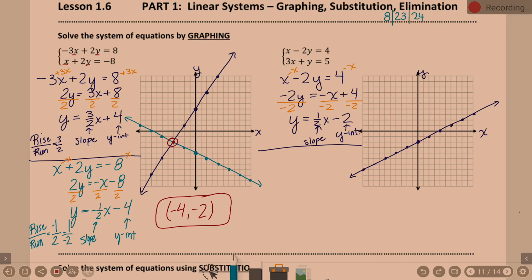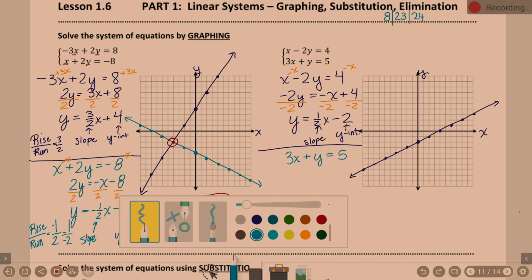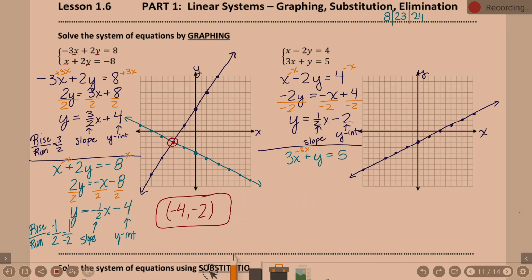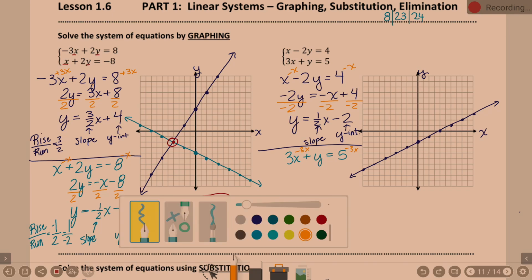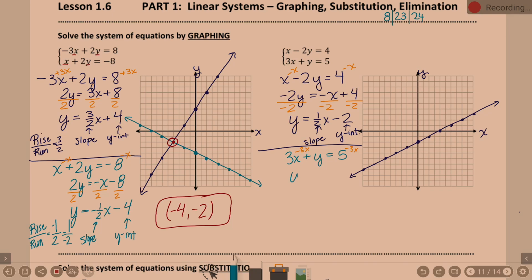And the other equation, 3x plus y equals 5. In order to solve this for y, we're going to subtract the 3x. And if we subtract the 3x, y is equal to 5 minus 3x, or I put negative 3x plus 5. Y-intercept of 5.